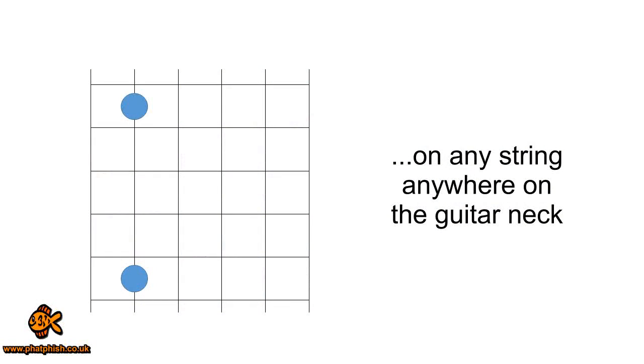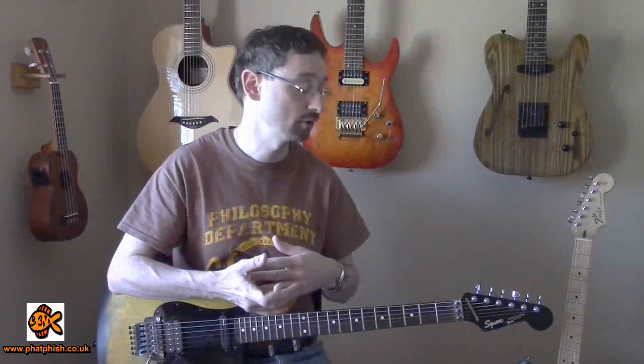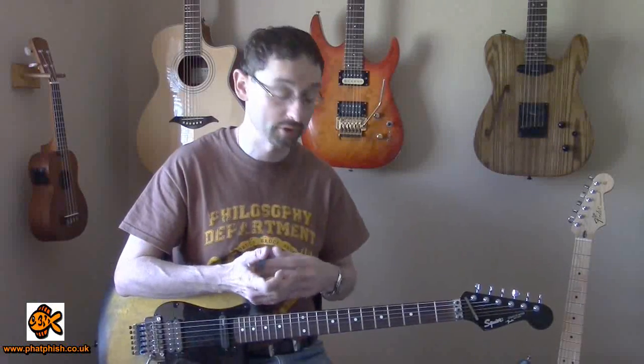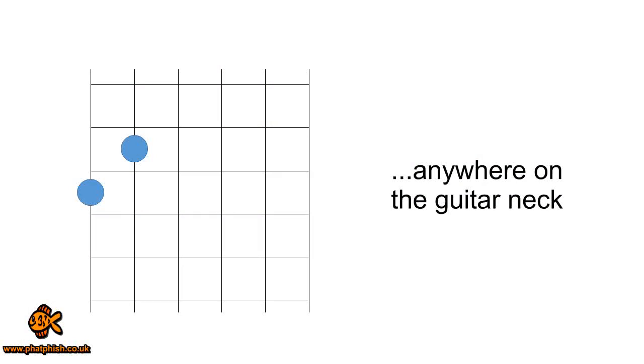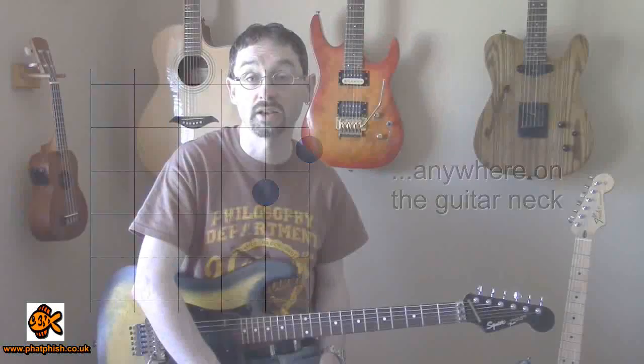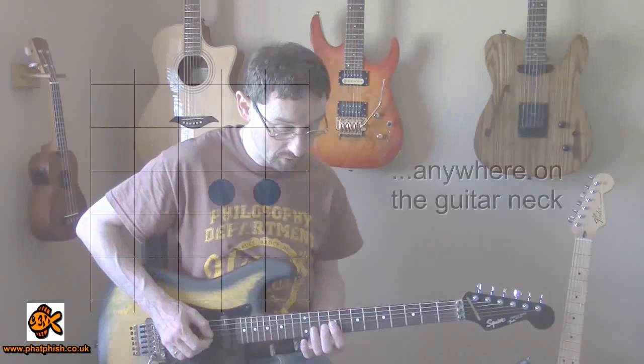It's doable, but generally you probably want to be playing an interval of a major third, this four semitone interval, over two strings. Now over two strings it always looks like this, unless you're playing it on the second and third string, in which case it looks like this.